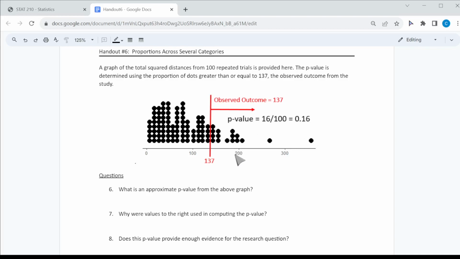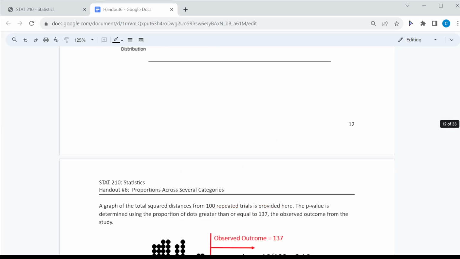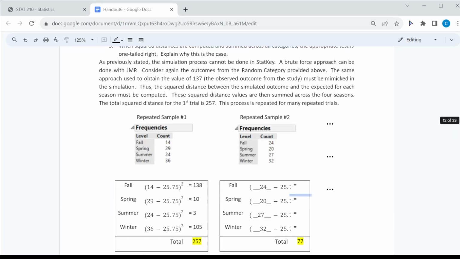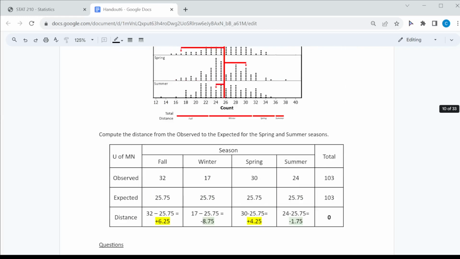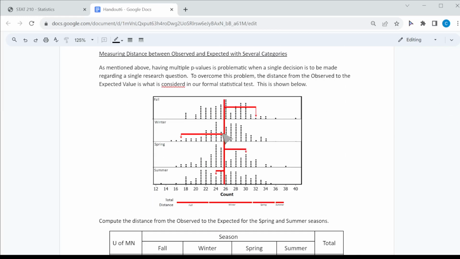The other thing that I do when I do my p-value calculation is just look at dots that are as extreme or more extreme than 137. Now, these are always right-tailed probabilities on this chi-square distribution. That is because what we do here is we square. Let's go back to my picture here. This distance right here is a long way down, right?